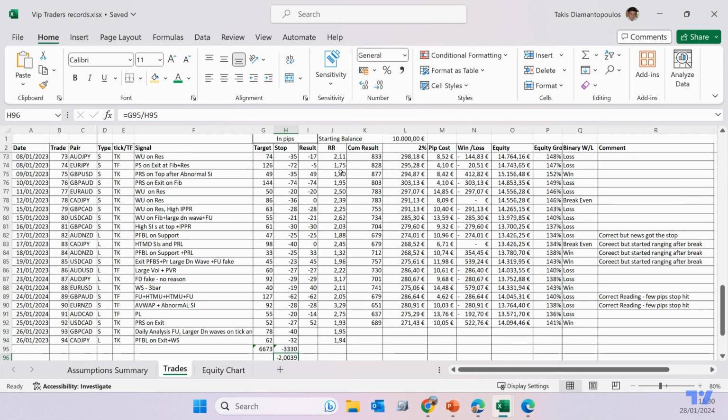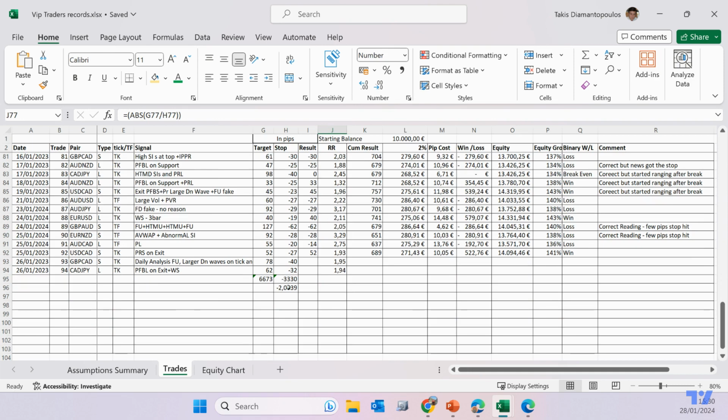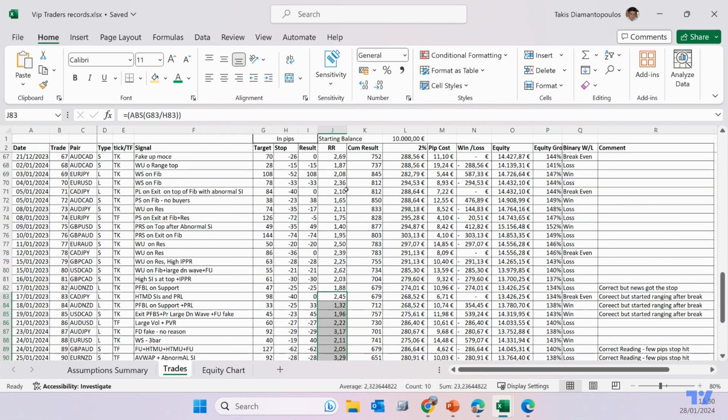Even though you will see in some trades it's not, that's the RR, okay? So these are the actual ratios of some trades, and this is the cumulative result.